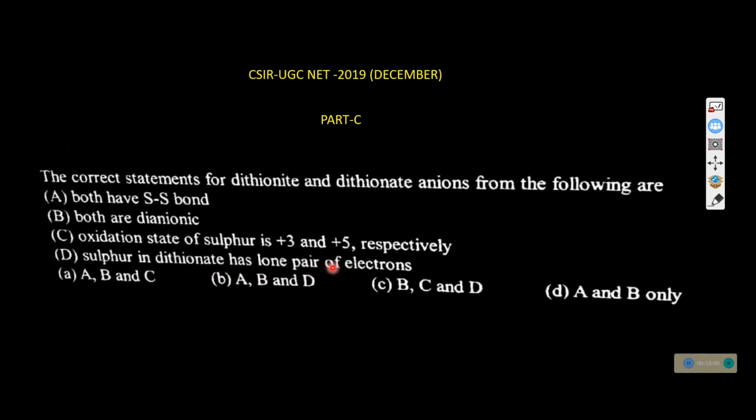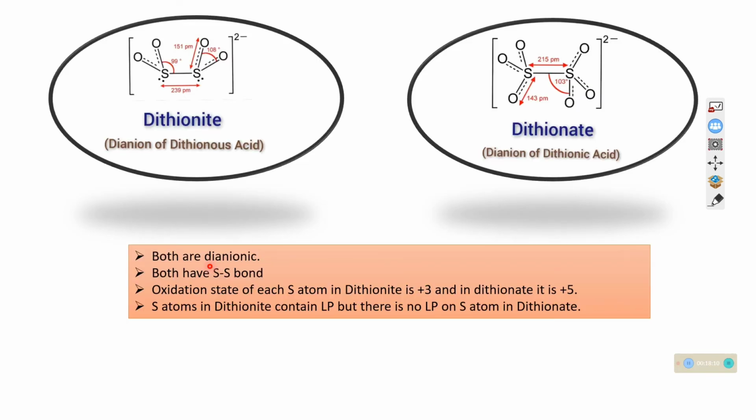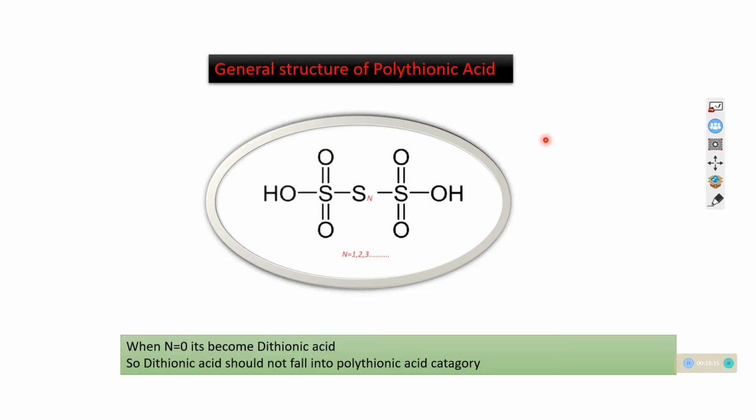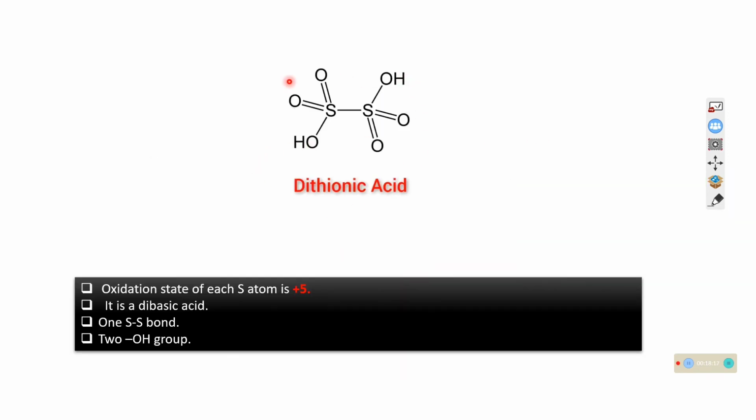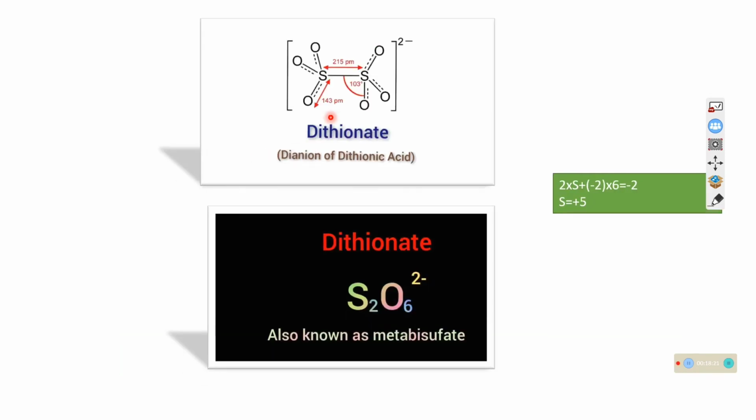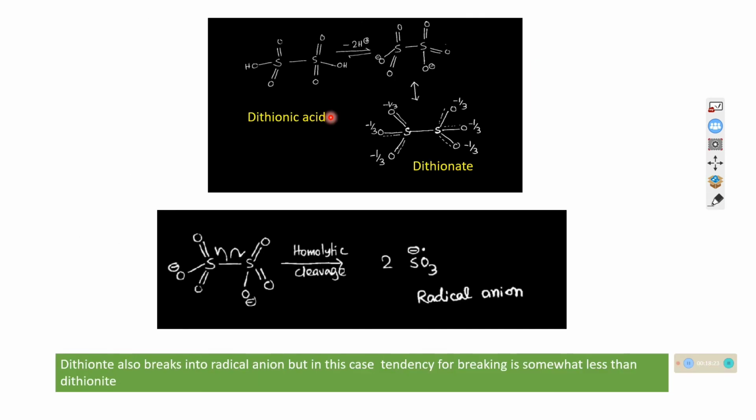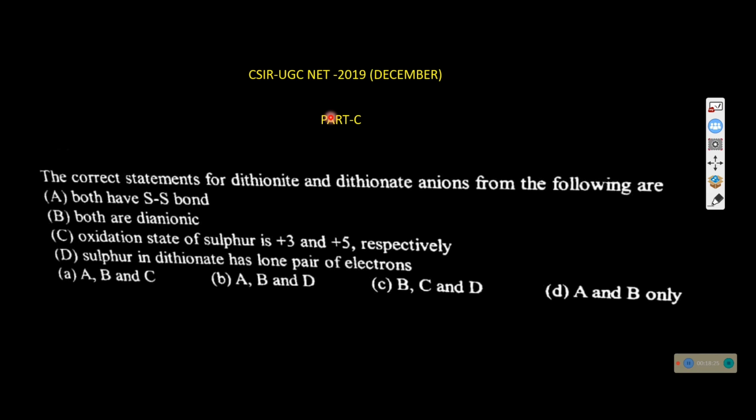So let's see. Dithionate means the dianionic species of dithionic acid, and we all know that in dithionate and dithionic acid, there is no lone pair of electrons on the sulfur atom. So you have to remember the structure and name also.